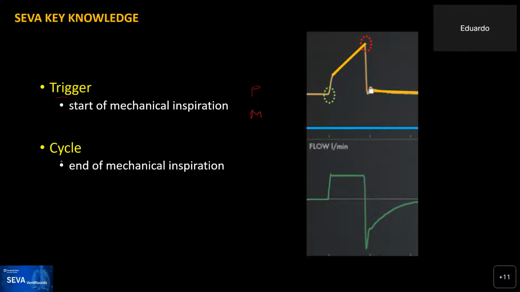Then cycle is the end of mechanical inspiration, and it can be, again, by the patient, and usually the end of when the machine cycles the breath based on the patient is either based on flow, or if you have an EMG signal from the EDI catheter in NAVA, or the machine, meaning it's the inspiratory time you set on the ventilator.